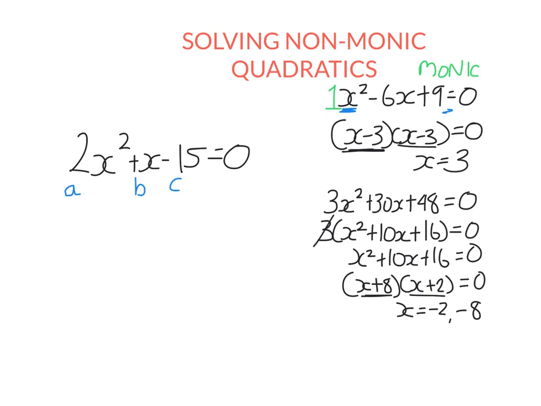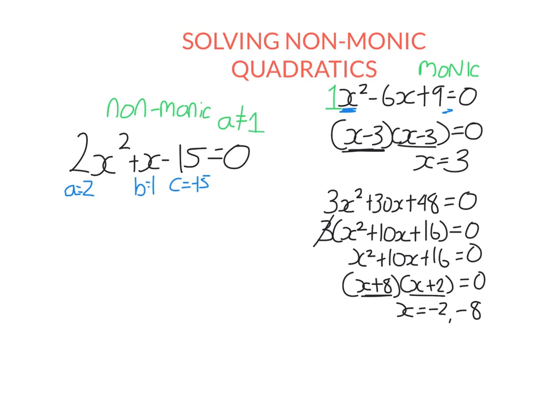So in this case, a, the number in front of x squared, is 2, the coefficient of x is 1, and the number by itself, the constant term, is negative 15. So this is an example of a non-monic quadratic. Now, it is a quadratic because it has an x squared term. It's non-monic because the number in front of x squared, which I've called a, is not equal to 1.